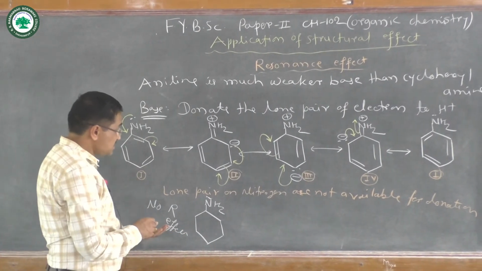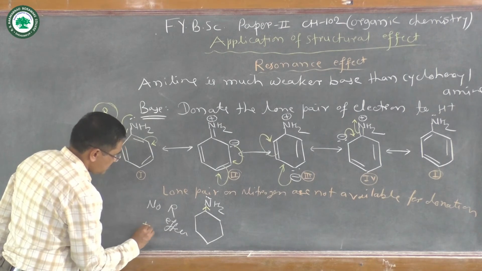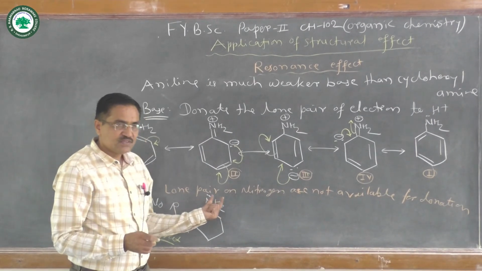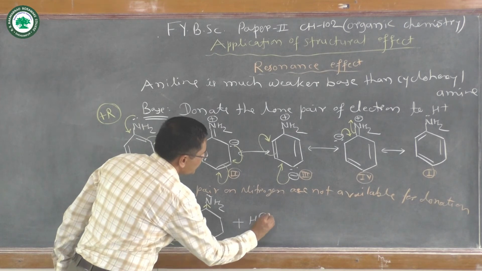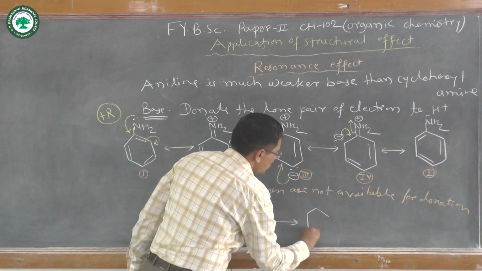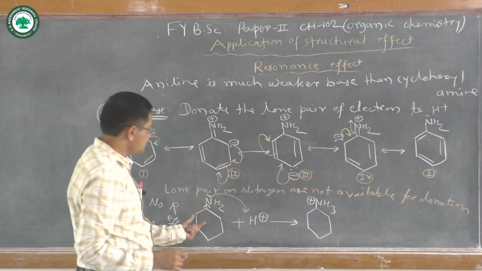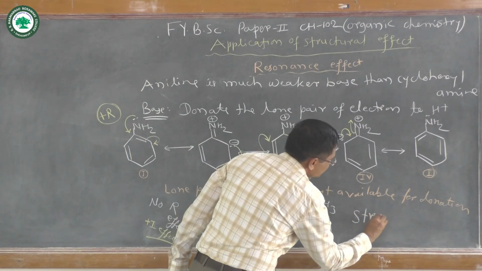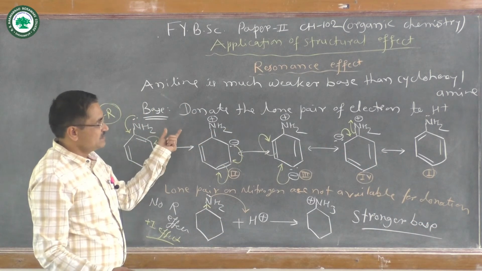Besides this, it shows plus I effect, and hence the lone pair on the nitrogen is available each time to donate to H plus, and it forms salt, and hence cyclohexylamine is a stronger base as compared to aniline.